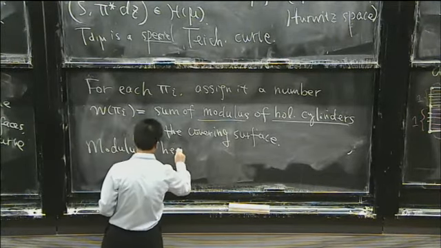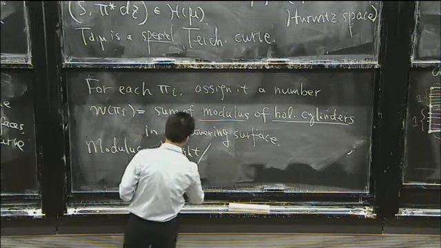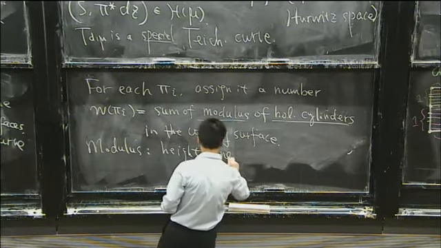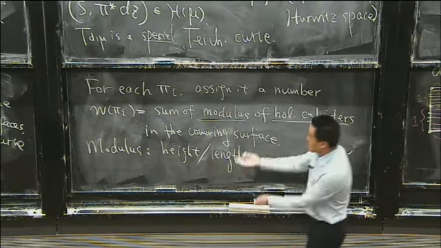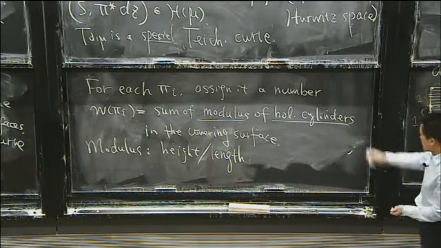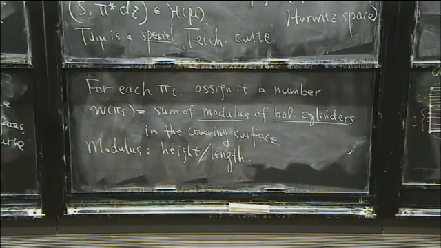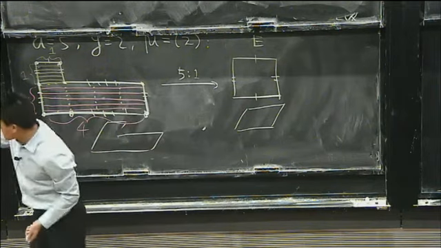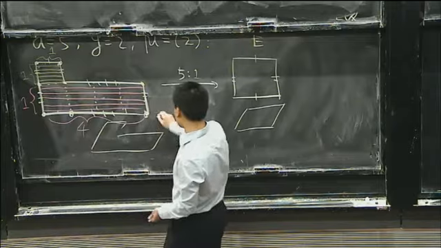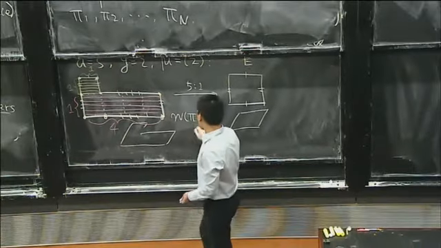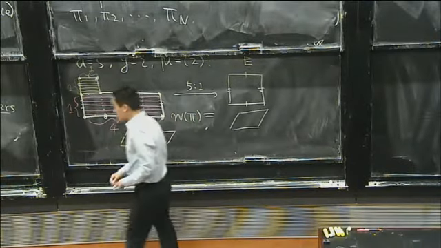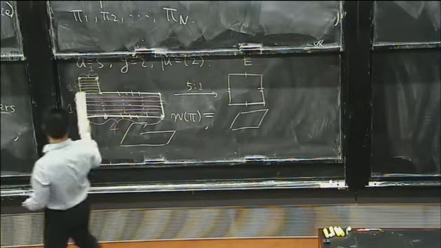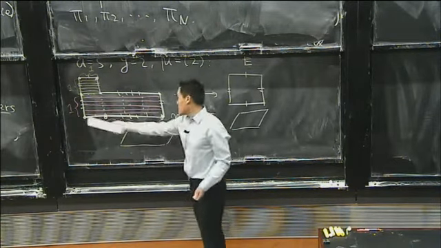For each cylinder, you take its height divided by its length. That's what I call the modulus of a cylinder. So in this example, we have two cylinders, so we take the sum of their moduli. In this case, W of pi equals 1 over 1, the modulus of the top cylinder, plus 1 over 4, the bottom one.